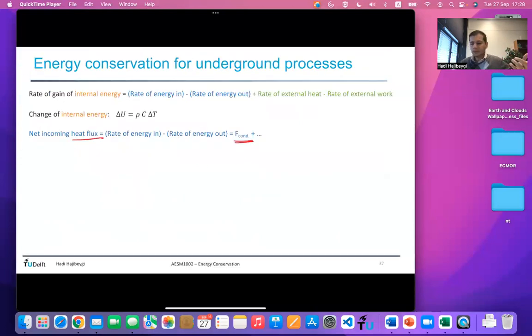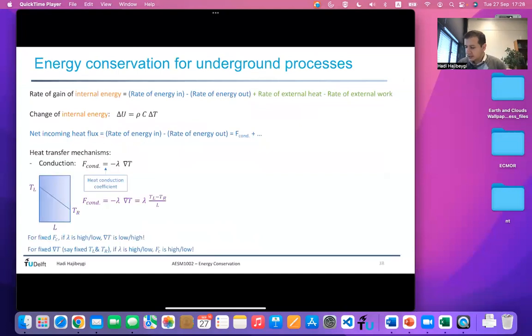It actually takes place when I have a change of temperature, a gradient of temperature, between, let's say, any surface between left and right boundaries. If there is a temperature difference between the left and right boundary of a solid or liquid or gaseous material, then I will get a flux of heat from the high temperature side to the low temperature side.